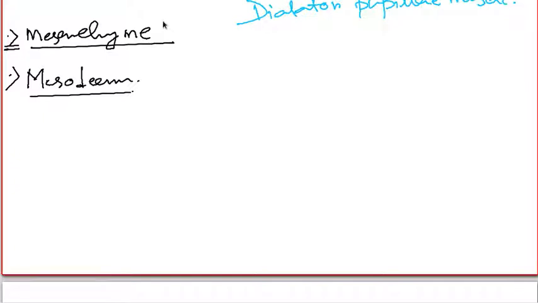It is derived from mesoderm and neural crest cells. So first we'll see the mesoderm origins. Mesoderm gives rise to a very important muscular structure that we call the extraocular muscle.